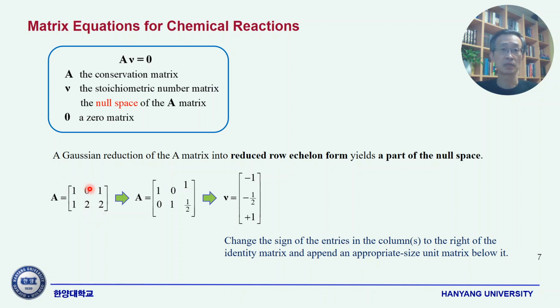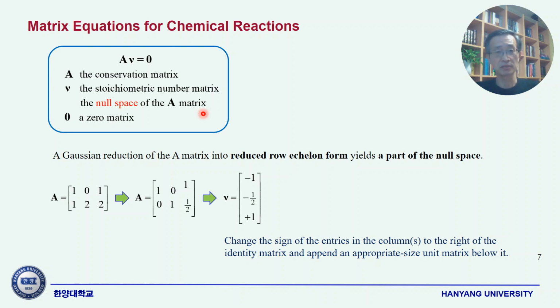This is a kind of molecular species conservation, as a reactant or as a product. So the A matrix is a conservation matrix, and Ni is the stoichiometric number matrix, or stoichiometric vector. This is also called the null space of the A matrix.